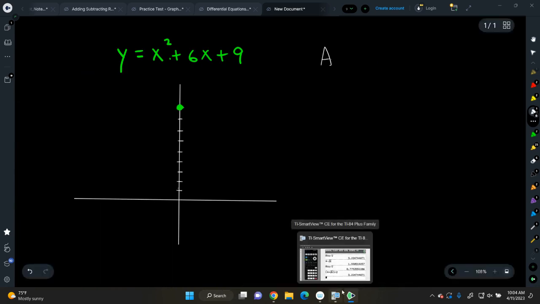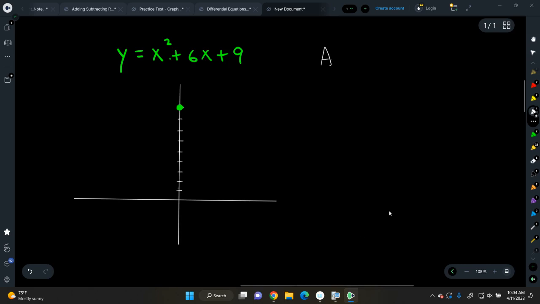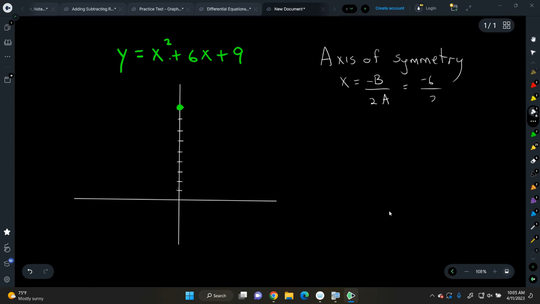I'm going to find my axis of symmetry. X equals negative b over 2a. So we get negative 6 over 2, which is negative 3. X equals negative 3 is my axis of symmetry.